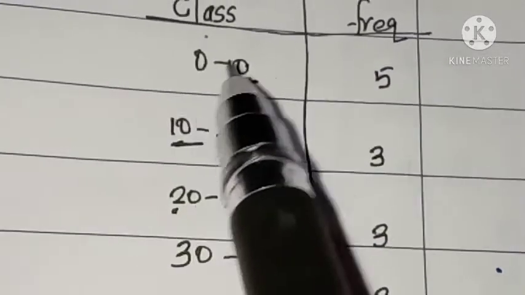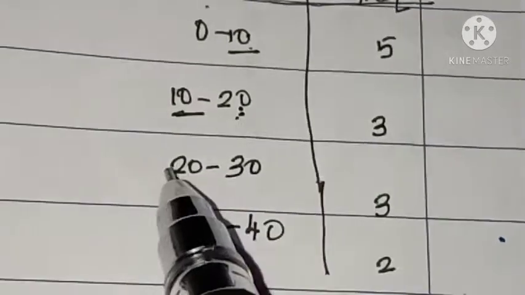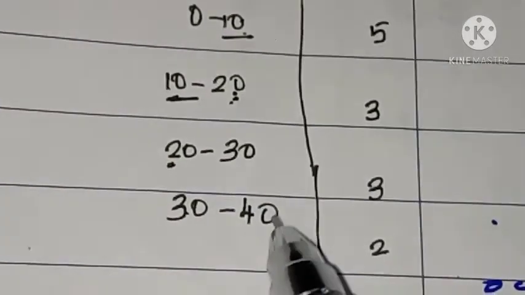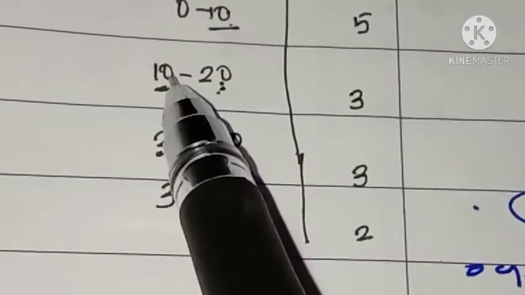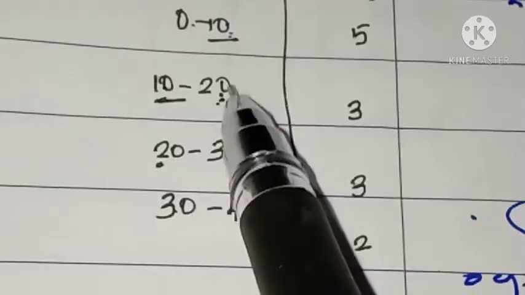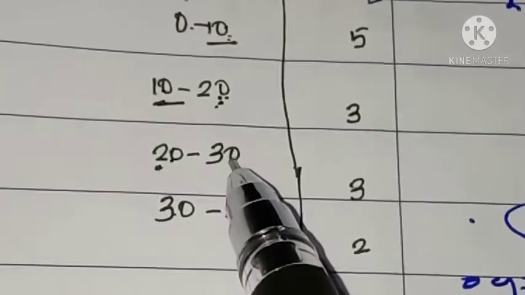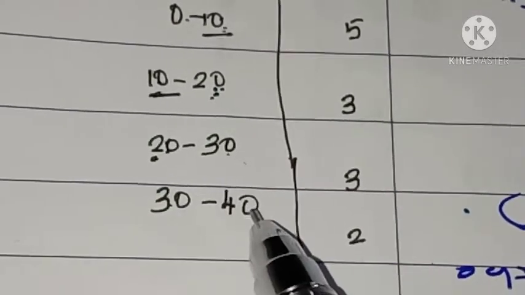Now look at the data. Classes are 0 to 10, 10 to 20, 20 to 30, 30 to 40. So in each class the size is 10. 0 plus 10, 10. 10 plus 10, 20. 20 plus 10, 30. 30 plus 10, 40.